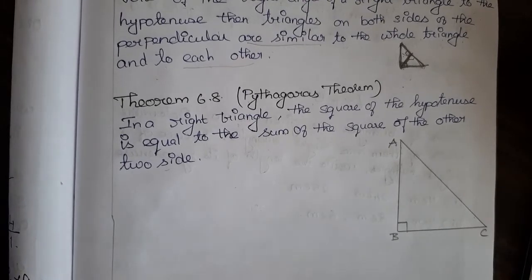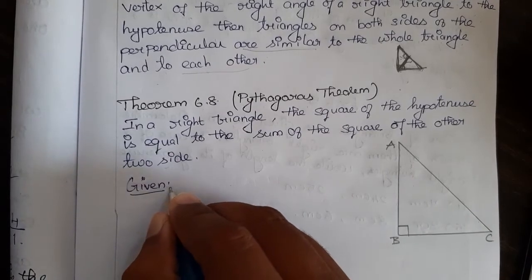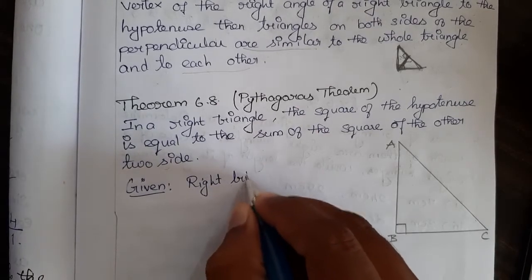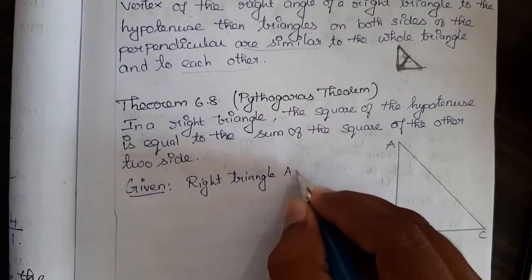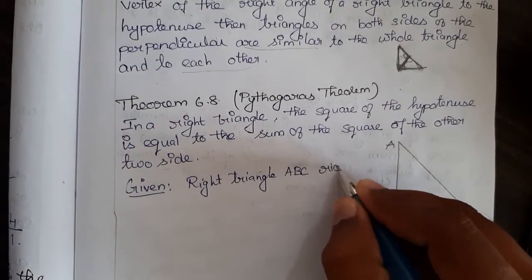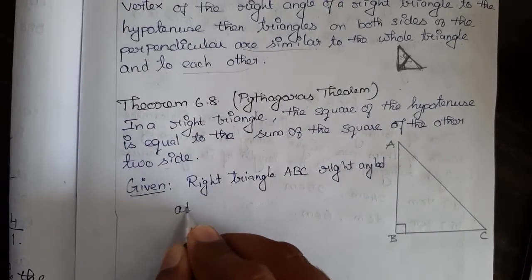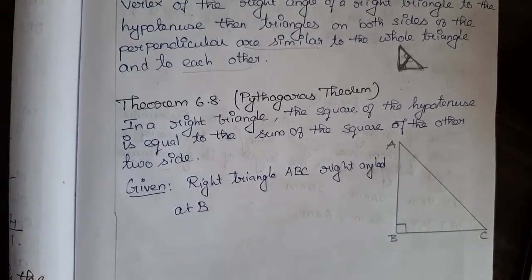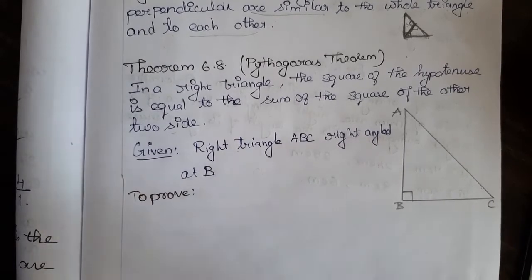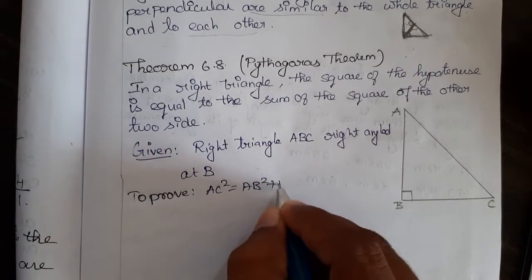So here we go for the proof. Given that we have considered a right triangle ABC, right angled at B. To prove, we have to prove that AC square is equal to AB square plus BC square.